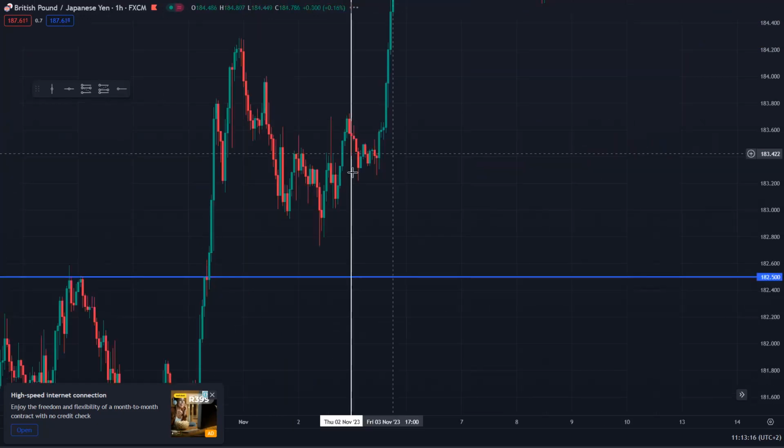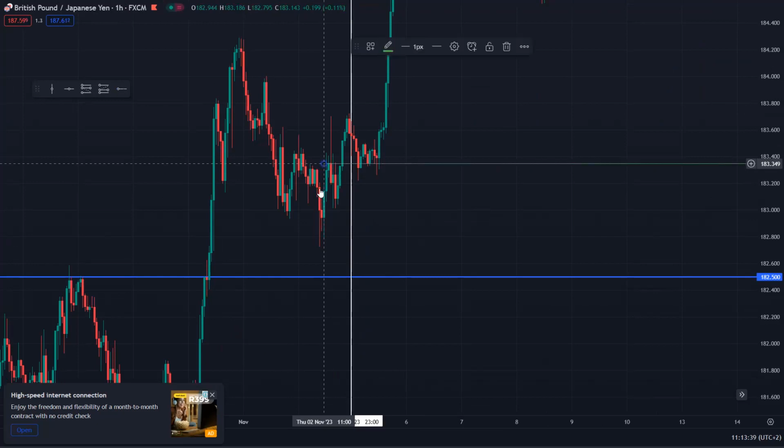So you're gonna be waiting for this one, around 2 to 1. Even this first rejection, the first rejection that we have incurred. But I don't like making this first rejection my entry point.